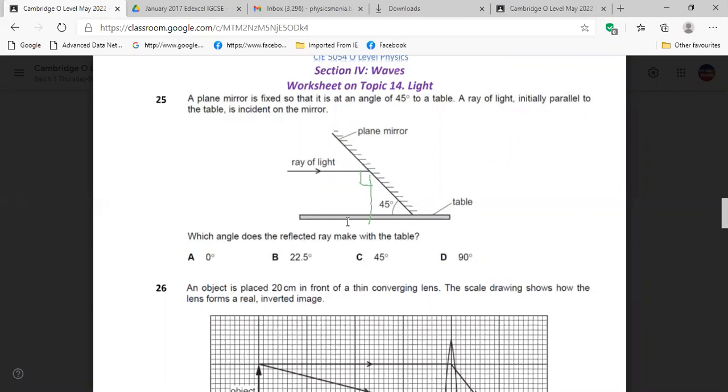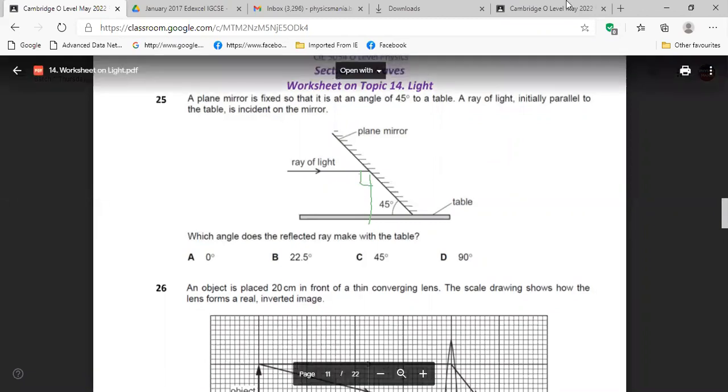Monica drew correctly, but there is some more explanation here. We should apply the law of reflection here, right? First, you have to draw the normal on the mirror, at the point where the ray of light is hitting the mirror.